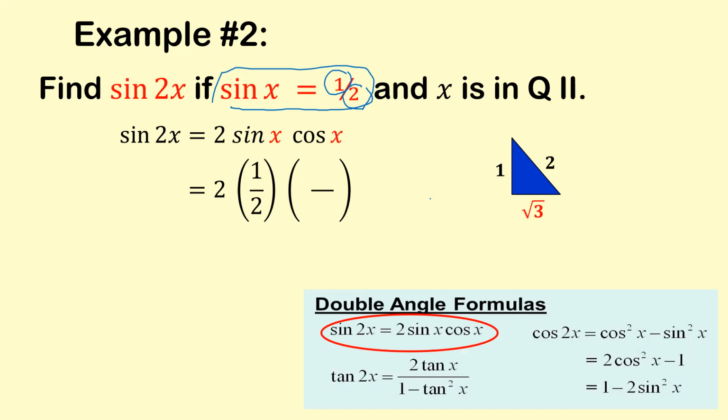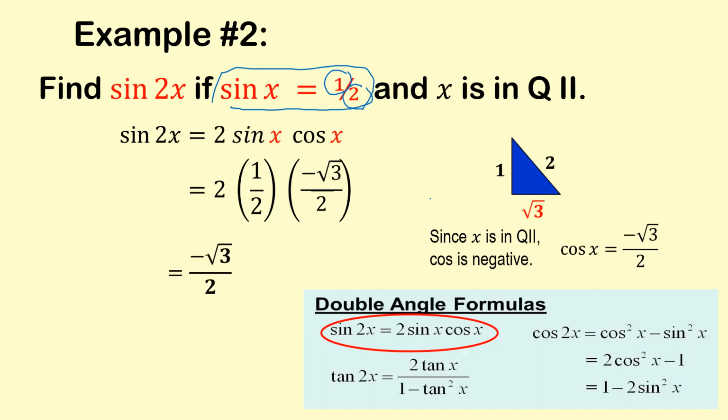Pero since nasa quadrant 2 tayo, negative yung cosine. So negative of square root of 3 over 2. Let's write it there. Okay, so ang magiging answer natin, magka-cancel yung 2 tsaka 1/2. They are just reciprocal. So ang natira na lang is negative square root of 3 over 2.